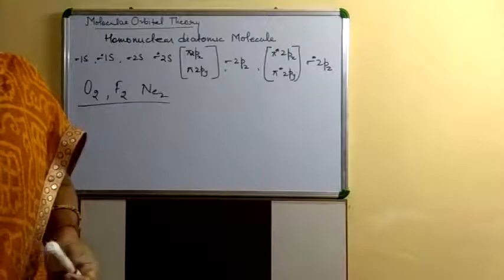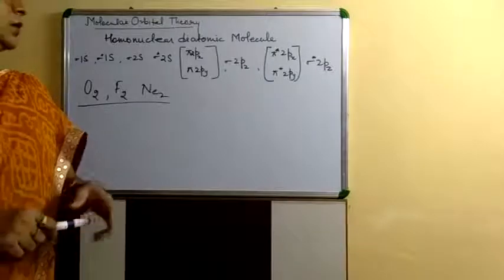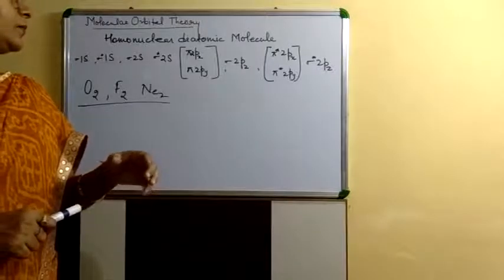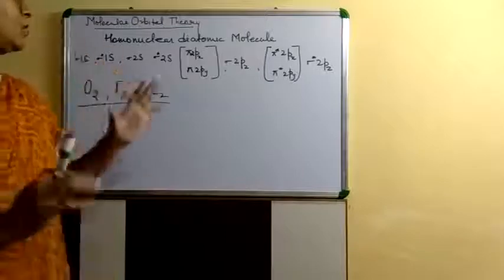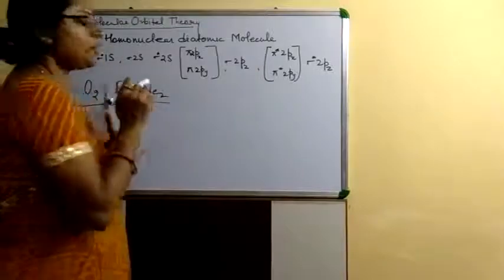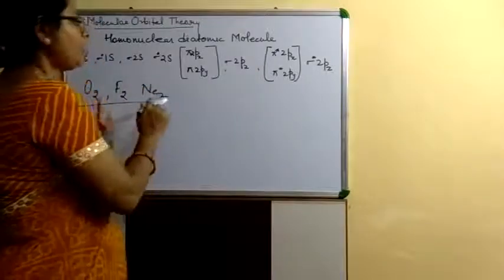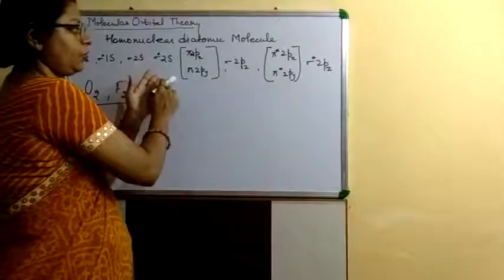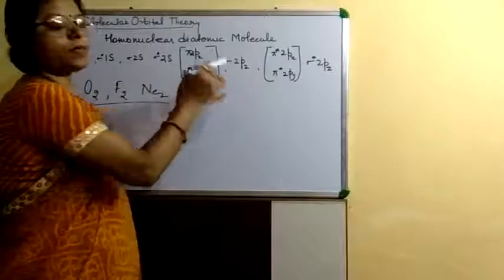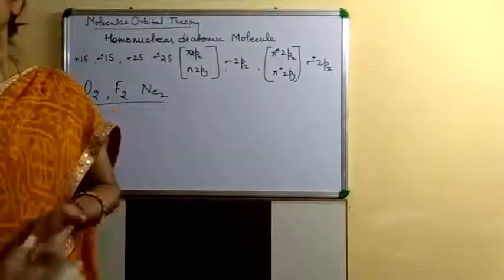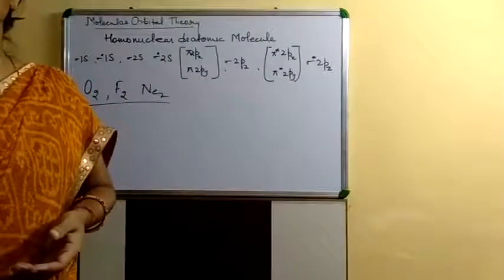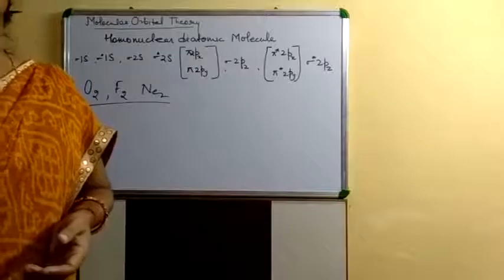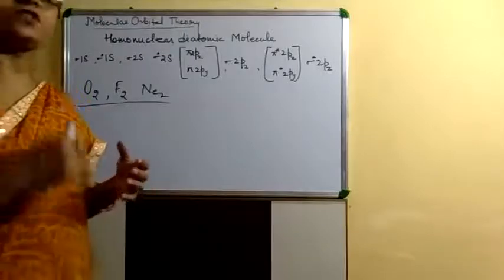Because of this, in oxygen, fluorine, neon, the energy difference between the sigma 2s antibonding orbital and the sigma 2pz orbital is very large.